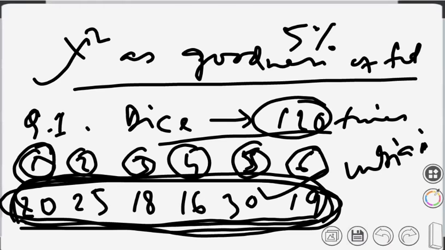That is why it is called chi-square goodness of fit. Before going into the details, we'll explain a little bit more, then we'll do this problem. So I'm rubbing this off.